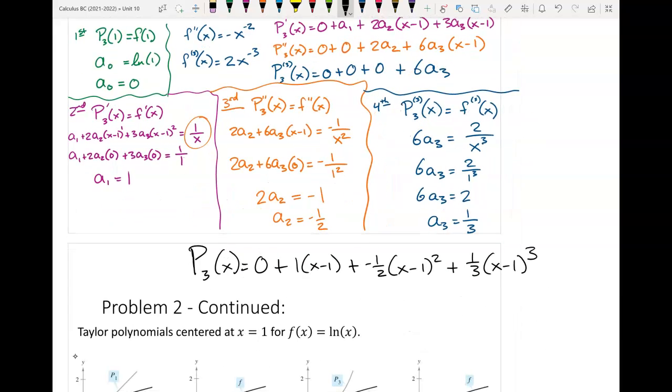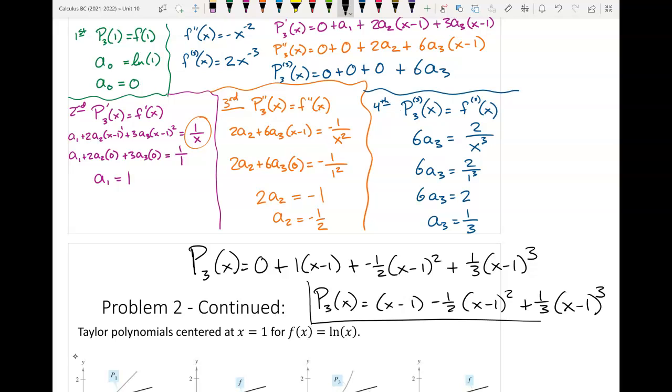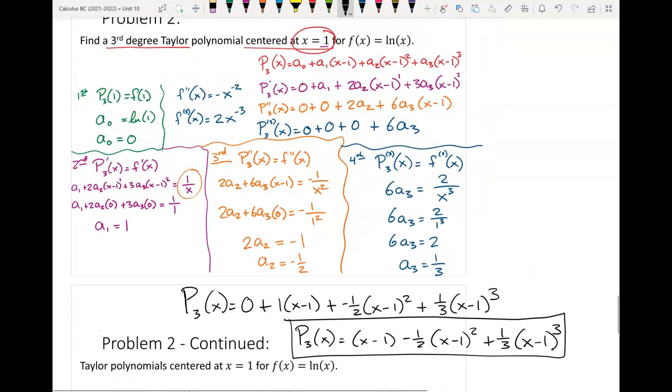And again, we can simplify that to just x minus 1 minus 1/2 x minus 1 squared plus 1/3 x minus 1 cubed. And that would be the third degree Taylor polynomial for the natural log of x.